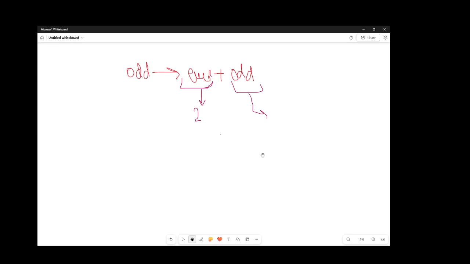If odd is even plus odd, then for the even case, we'll be able to split it in terms of two primes. Perfect. Then it will be 2, odd minus 3.